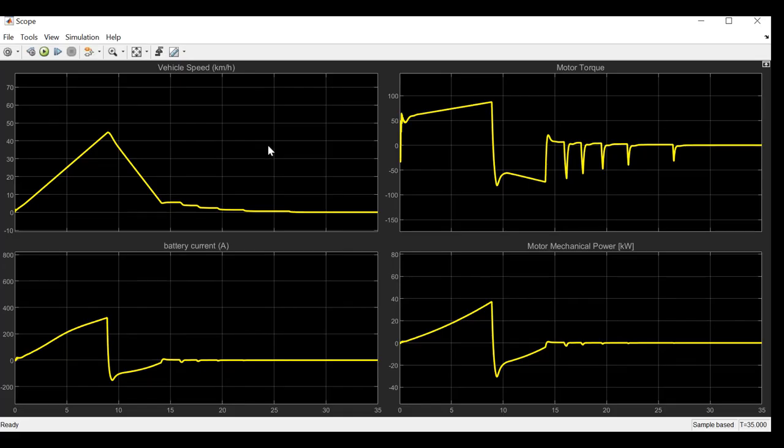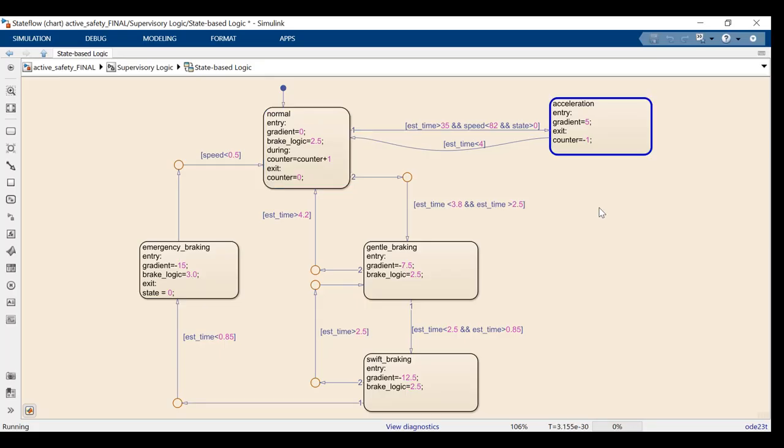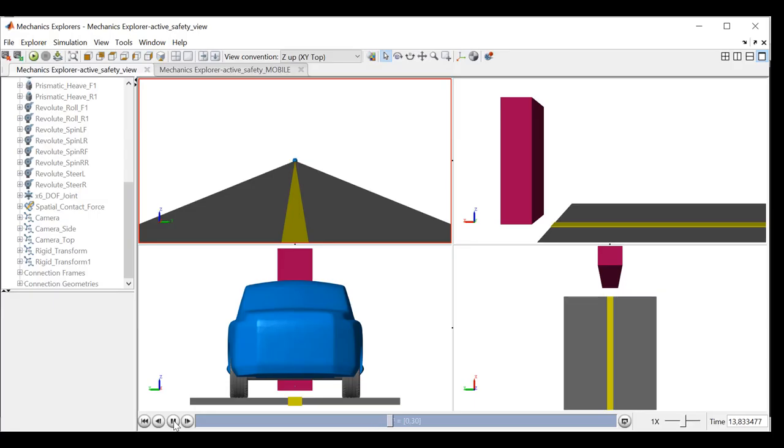Looking into the plots, we can see how the vehicle speed, battery current, and motor torque look like for the run. From an algorithm perspective, what happened? It went to acceleration, and then when the object was detected, gentle braking was applied. The vehicle is slowed down, then finally stops.